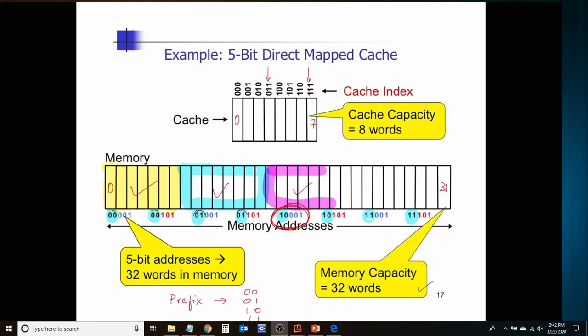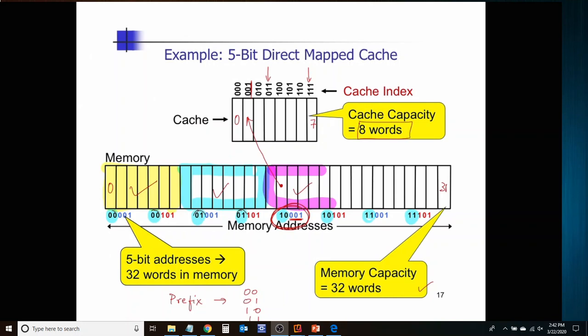And if you look back over here, that essentially means that this location 10001 would map to that. In this case, it just happens to be the same last 3 bits. And it is going to be exactly the last 3 bits of the memory address, 3 bits because of the capacity of the cache.